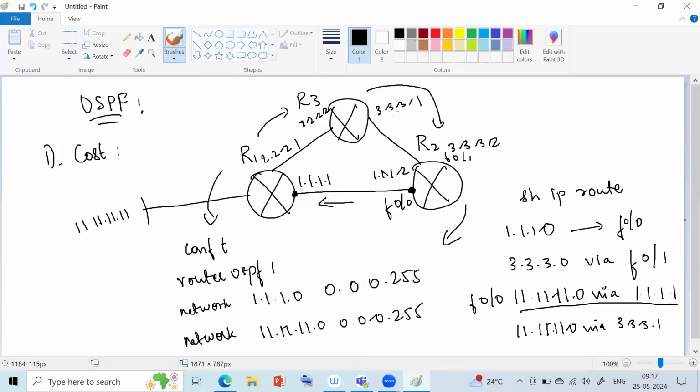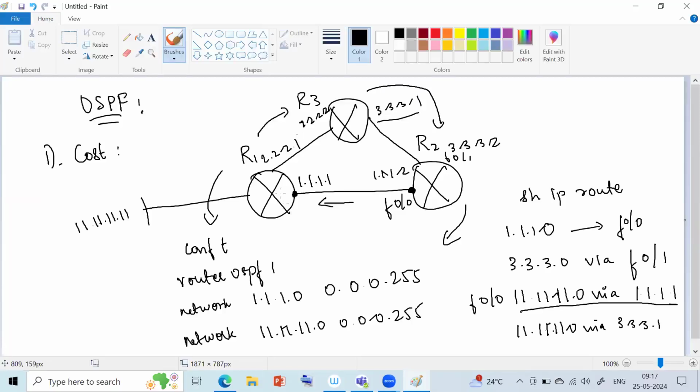3.3.3.1, right? This is the router which passes it on if they both are neighbors. Right now, here I haven't established the neighborship. I am telling you, please assume the neighborship is already there. They're exchanging routes now.